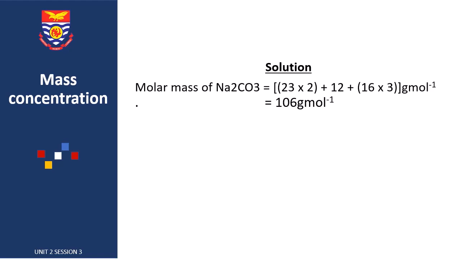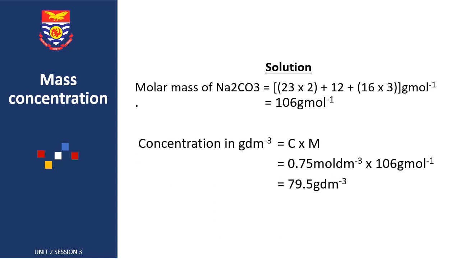Given that you don't even know the formula, yet you want to find the answer, then you should remember the unit of mass concentration. Once you remember the units, write down your parameters. You have been given amount concentration, which is moles per cubic decimeter. You have been given molar mass.